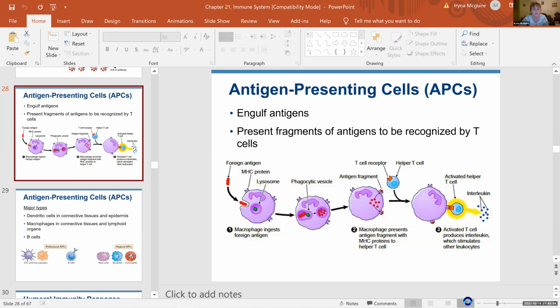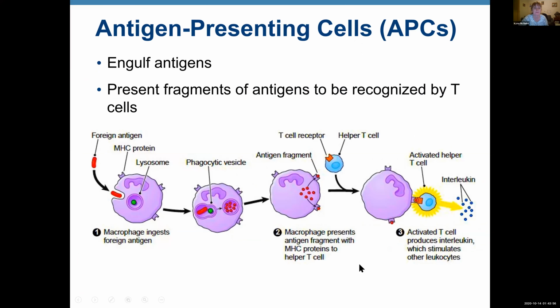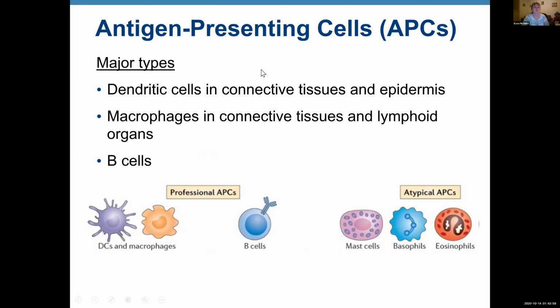This is what is shown on this diagram. Antigen-presenting cells are dendritic cells in the connective tissue and epidermis, macrophages in connective tissue and lymphoid organs, and B cells. There can also be some atypical APCs, but those are the major antigen-presenting cells.